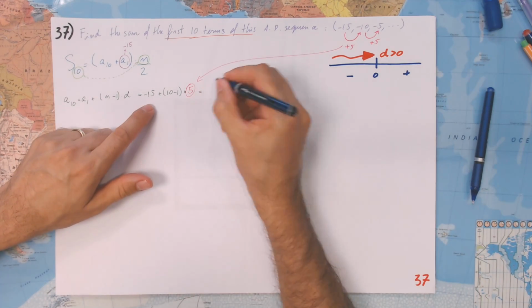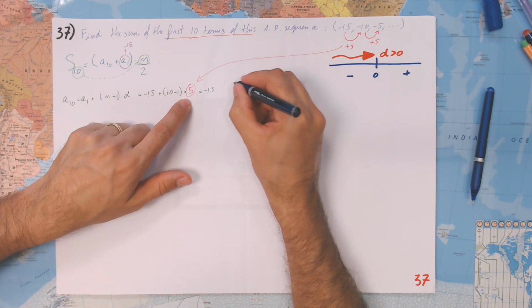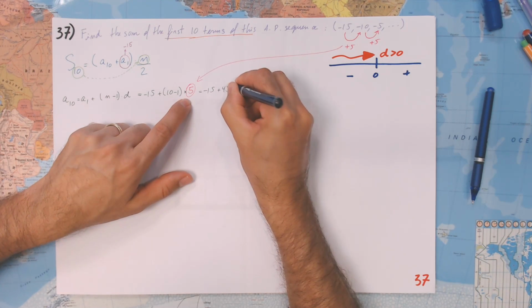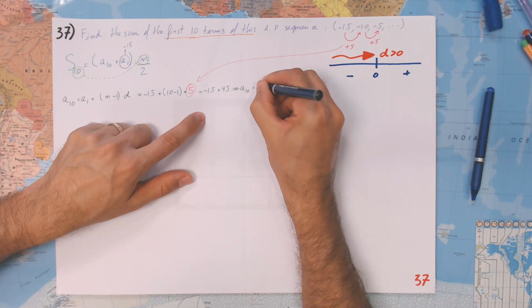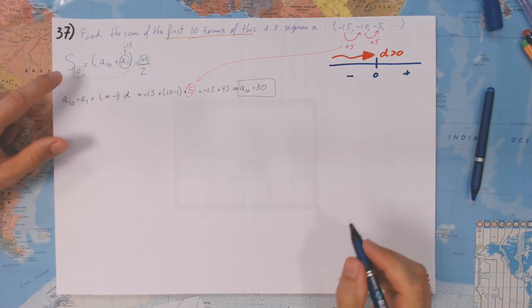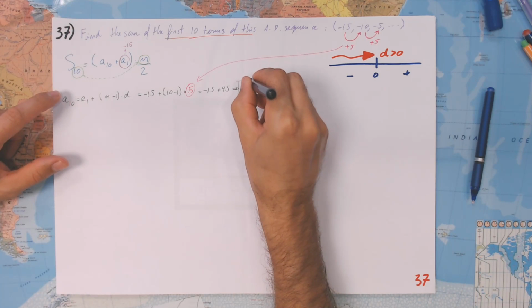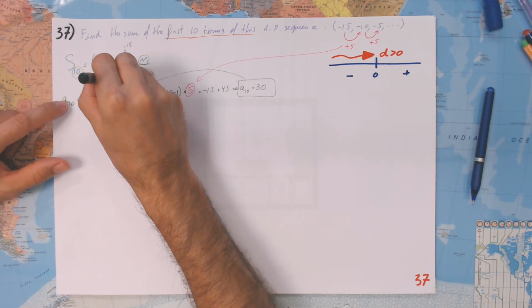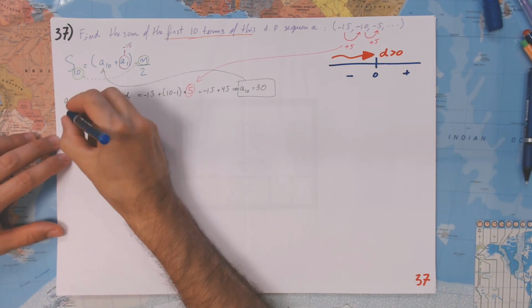And in the end, this is going to be minus 15 plus 9 times 5, this is 45, plus 45. And we get in the end that a10 is plus 30. Okay, this is our a10, which we're going to plug in here. Now it's very easy to make our summation.